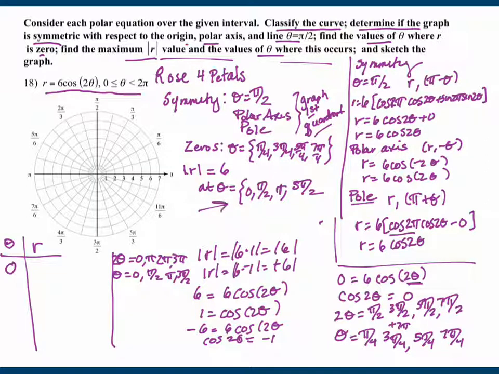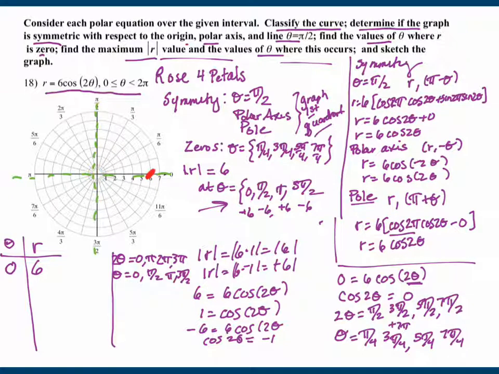And by the way, this is a positive 6, then it's negative 6, and then positive 6 and negative 6, based on how we were doing it. So at 0, it's 6. So now I'm going to use this green line. I have symmetry here, and across the pole too. So when I plot a point, I can go on the other side also. So the first thing I'm going to do is plot 0, 6.